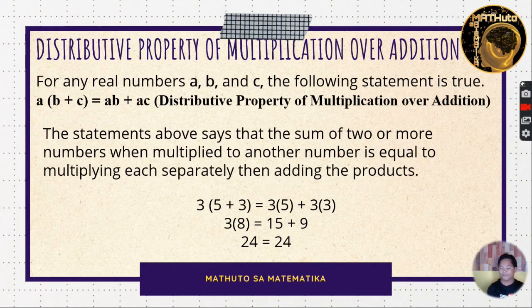So 3 times 5 is 15. 3 times 3 is 9. So if we're going to add 15 and 9, we get the sum of 24. So, the value in the left and in the right hand are equal. So, yun po yung ibig sabihin ng distributive property of multiplication over addition.